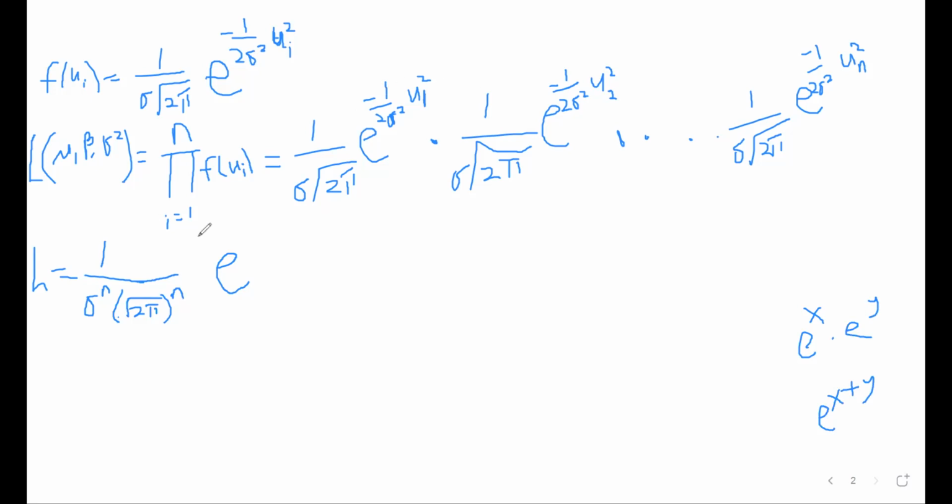So it's just -1/2 sigma squared u1 squared, minus 1/2 sigma squared u2 squared, minus all the way to the last one, -1/2 sigma squared un squared.